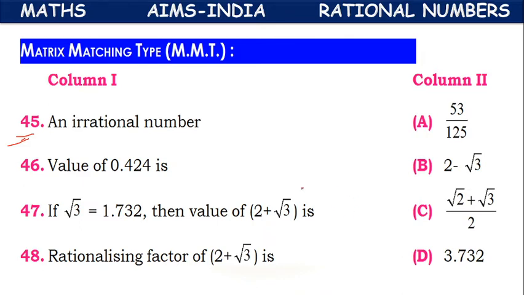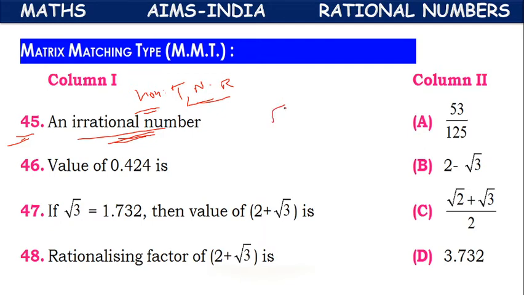Now 45th question. An irrational number is. So here irrational means non-terminating, non-repeating.